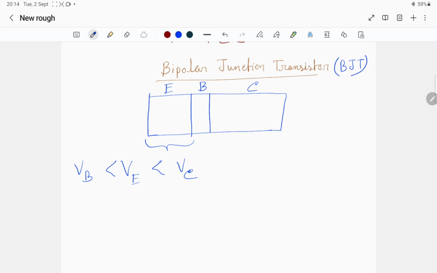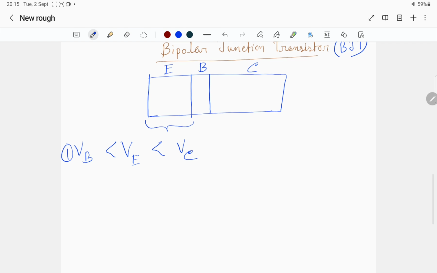So firstly, we must understand that the device is created in such a way that volumes are not the same. If you go from left to right and if you go from right to left, they are different. The emitter has a volume which is in between base and collector, but the collector has the highest volume and the base has the lowest volume, right? So this is the first thing we must remember. We'll see why this is so, but first we must remember this.